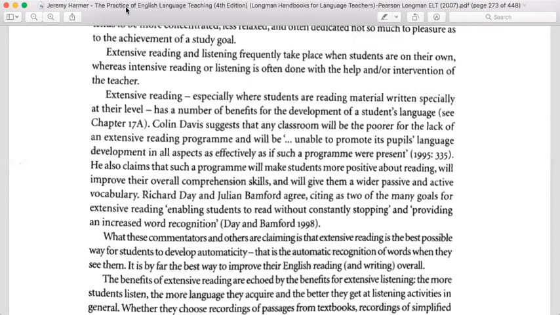So extensive reading is about suggesting that students listen or read. And when it comes to intensive listening, we need to create activities for them. I have told you about some of these activities, but the material needs to be chosen by the teacher.